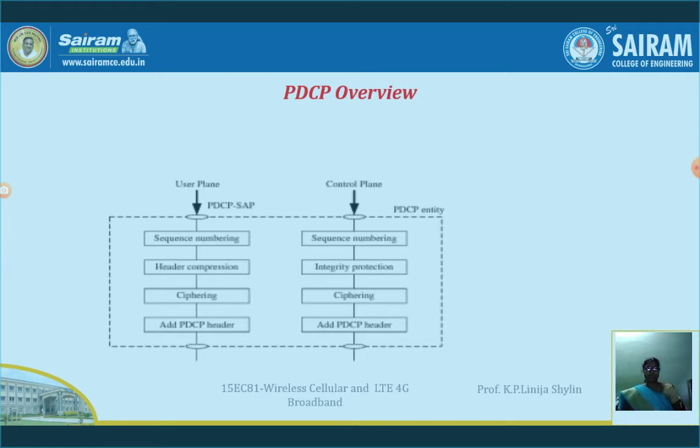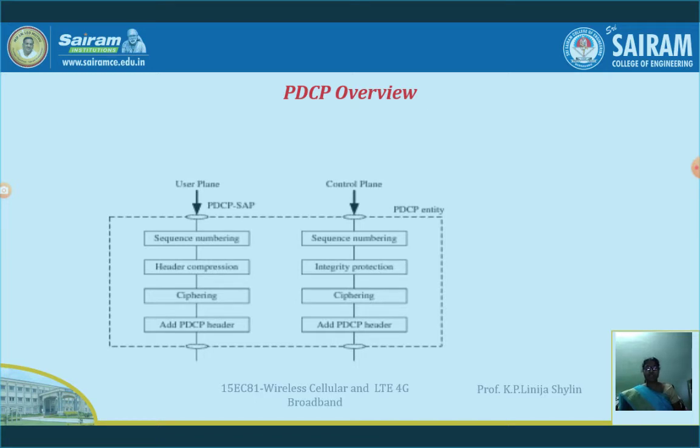It is just adding the PDCP header to the incoming data and forwarding it to RLC in downlink, or else removing the PDCP header from the incoming packet and forwarding it to the Internet Protocol layer in case of uplink. That is all that it does.